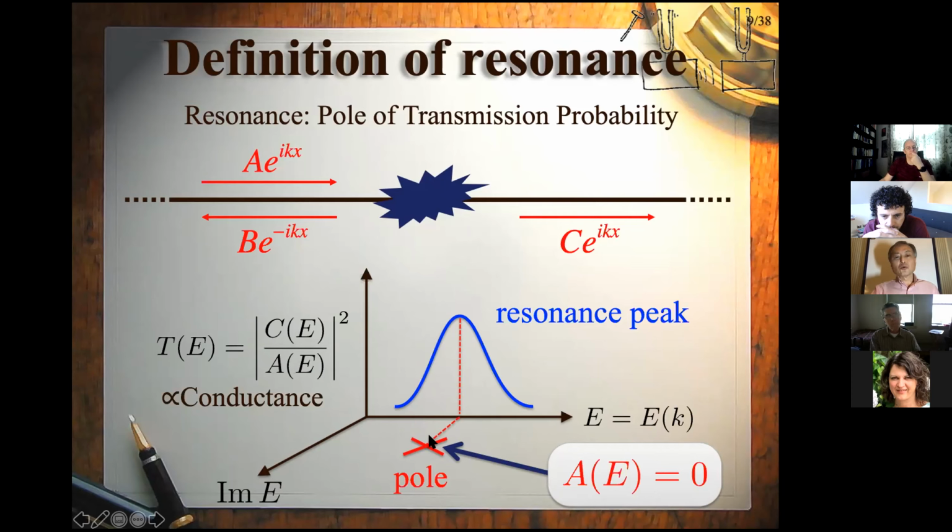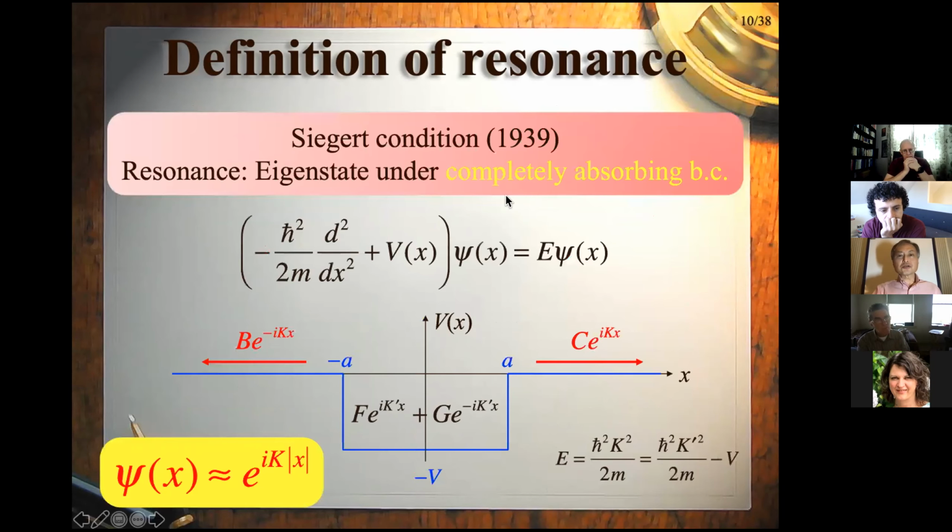So we can find the wave function at this pole from the very beginning by assuming a vanishing incident wave. This is the wave function at this pole, and it was defined by Siegert in 1939.